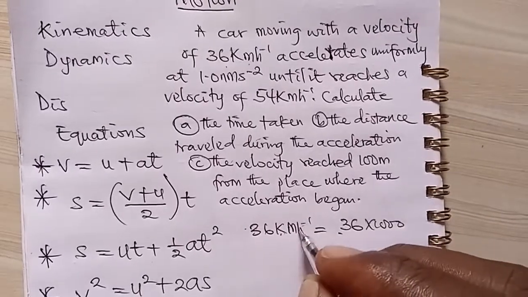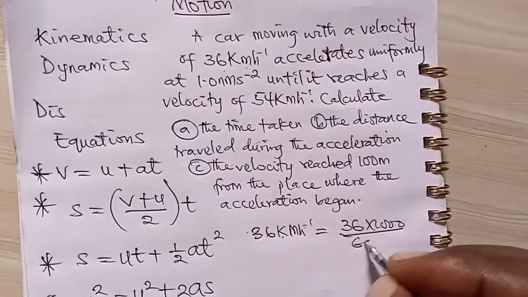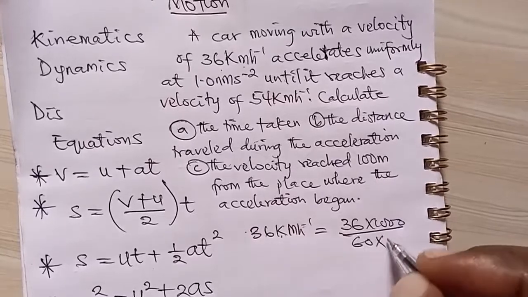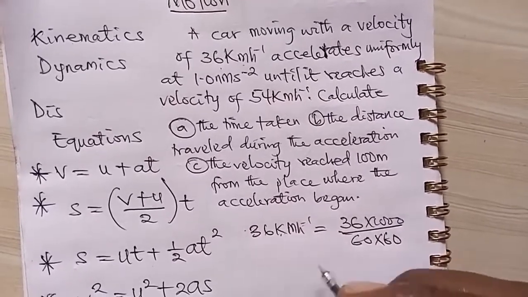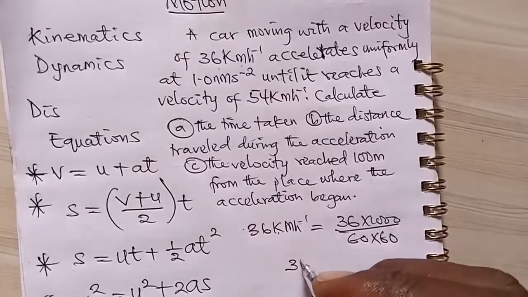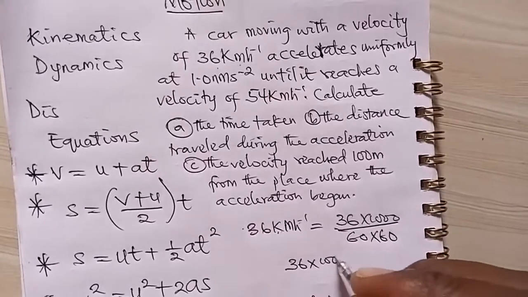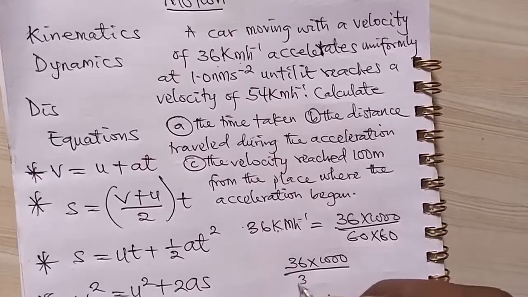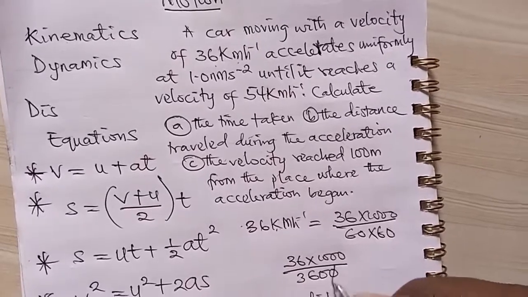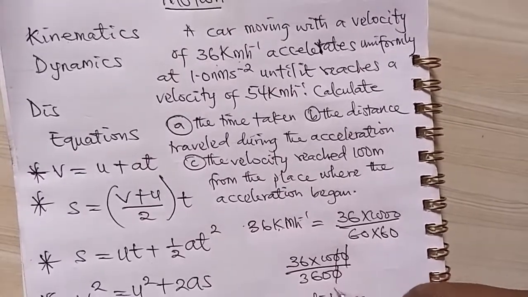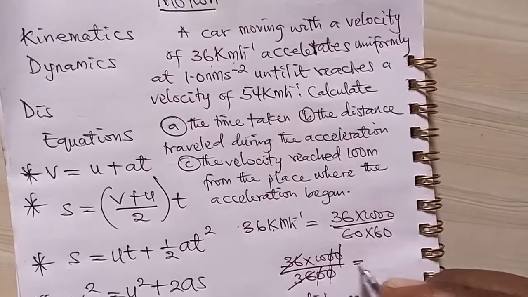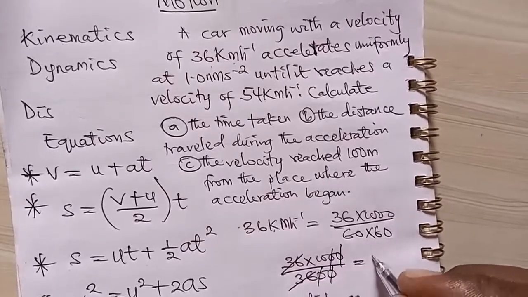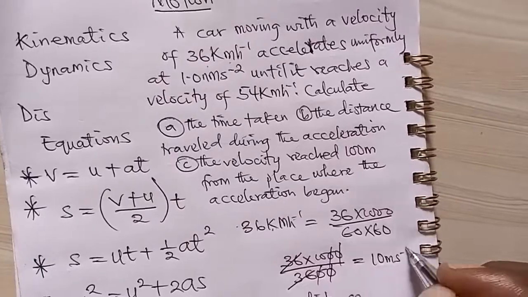Per hour means hour is down, so 60 minutes times another 60, which is 36 times 1000 over 3600. So this takes this away, 36 takes away 36. What is left for the initial velocity is 10 meters per second.